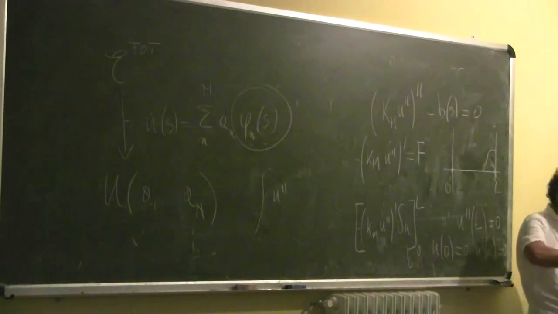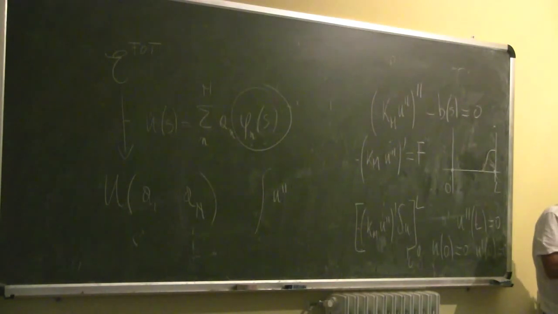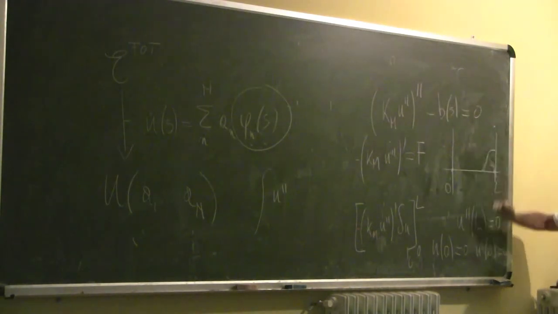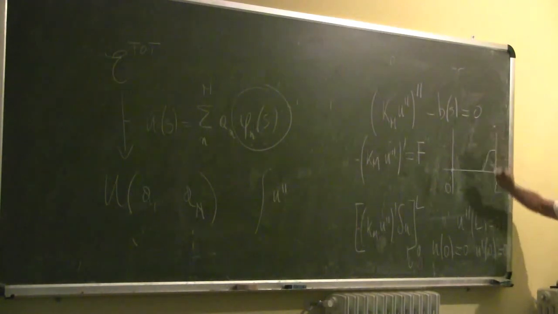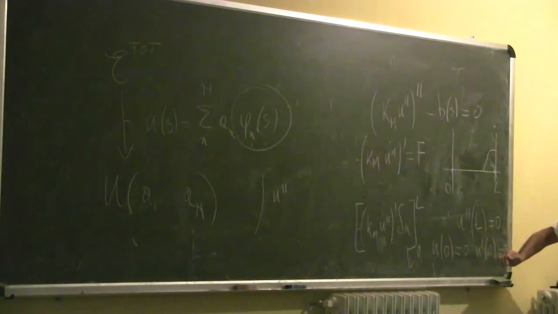So let us move another step. So the method which was useful in the 19th century: write this equation, find the boundary conditions, solve by integrating this system of equations.